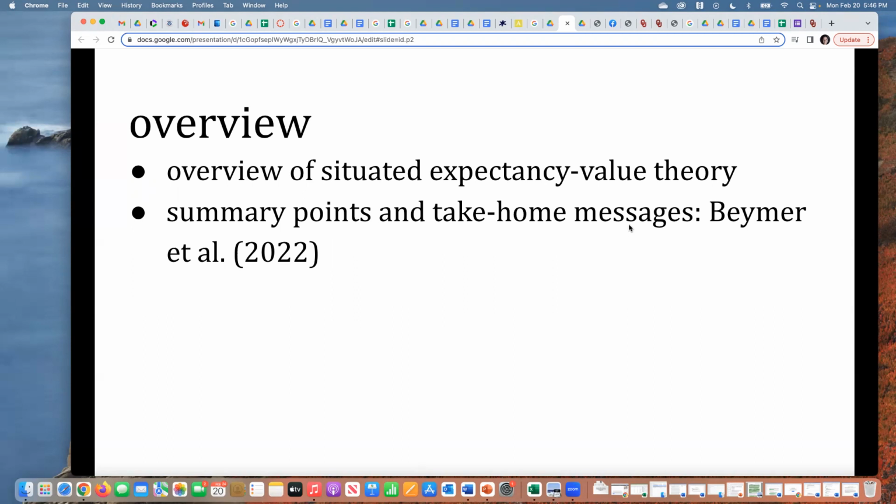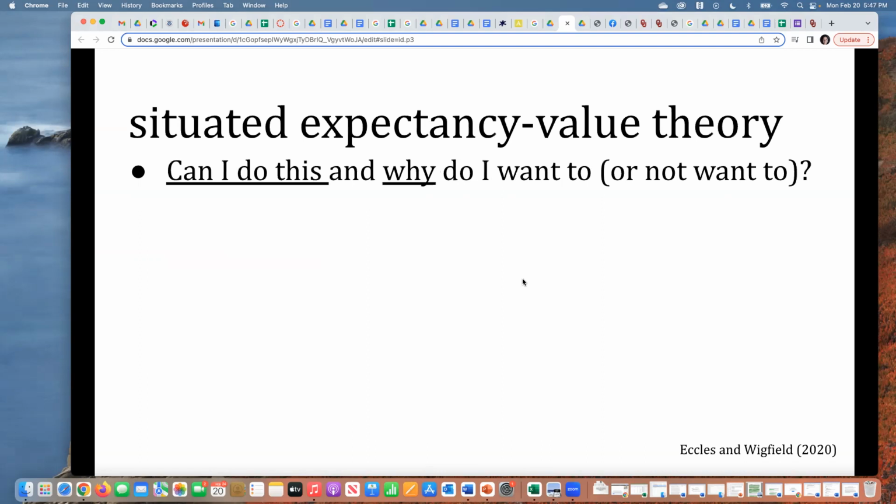And then, given that all of you will have read Beamer and colleagues this week, I am going to spend some time going over some key summary points and a few things that I encourage you to pay attention to or take away from the article. So without any more delays, let's dive into what situated expectancy value is and an overview of the theory.